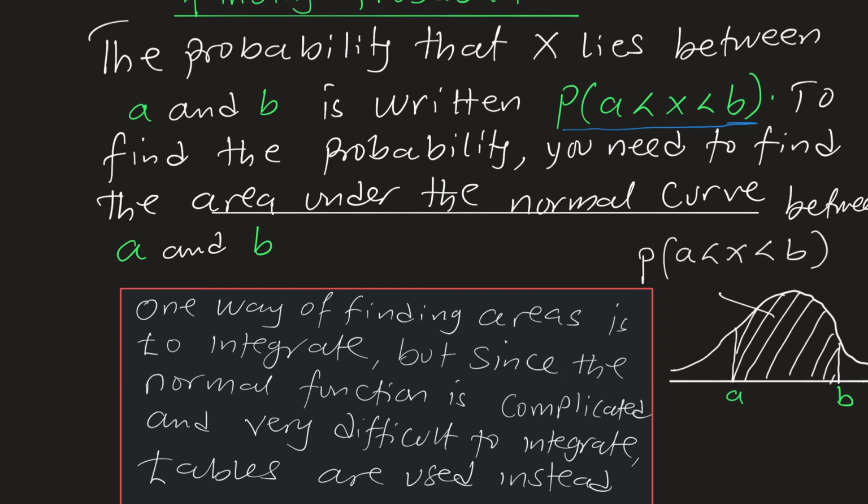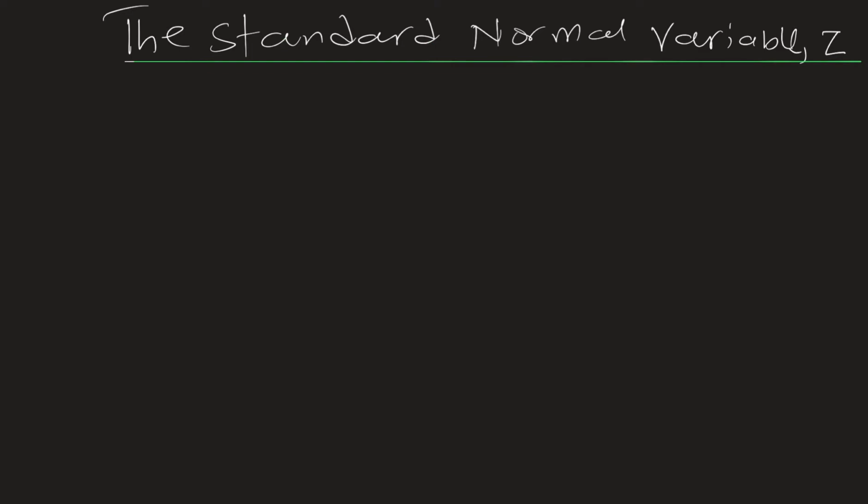Since we are going to deal with different normal distribution functions with different means and variances, we have to come up with a uniform table. That uniform table is what we call the standard normal variable, Z. So let's talk about the standard normal variable, Z. Why do we need it?